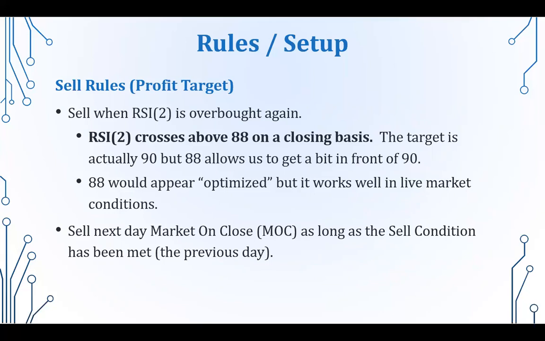And we're going to sell the next day, market on close, as long as the sell condition has been met from the previous day. So for example, if the RSI-2 closes at 89 at the close of today, tomorrow we'll sell that position on the close of tomorrow. That's essentially how that works.